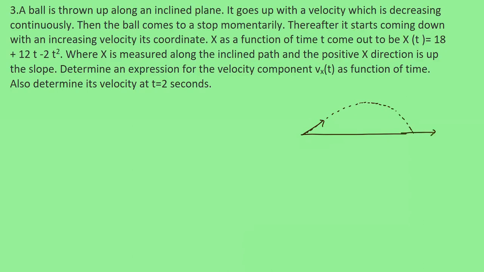On the way down from the maximum, it is going to increase its velocity, right? Whenever it is going up, it is decreasing its velocity. The same thing applies along the y-axis.